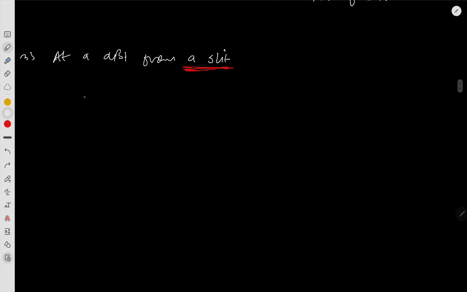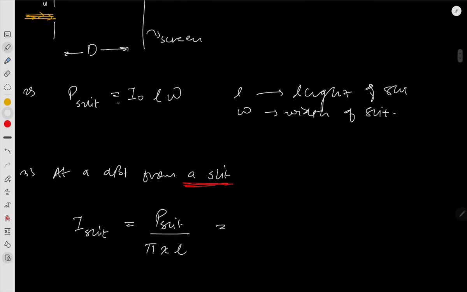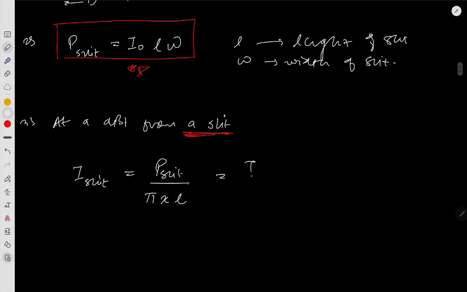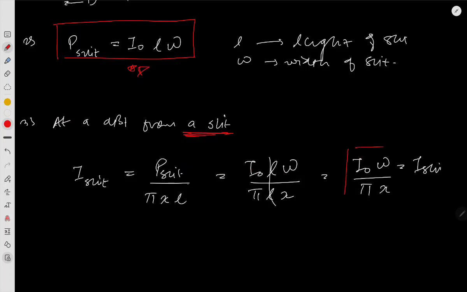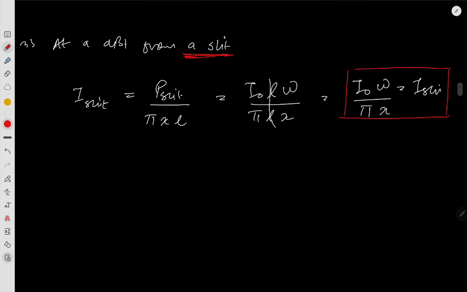The intensity at a particular point x can be given as I of slit equals P of slit upon pi x l, and then we can expand P of slit from the above formula, which is very important, as I naught L W upon pi L x. The L gets cancelled, so it is I naught W upon pi x equal to I of slit. This is a particular thing once again to remember.